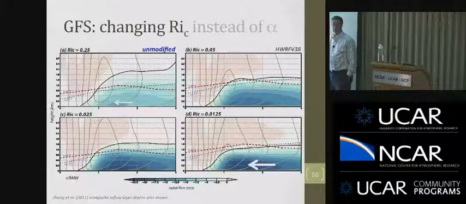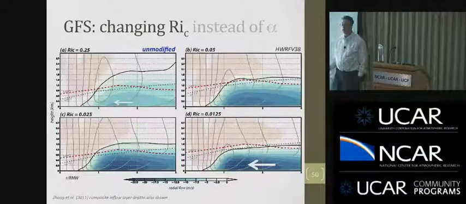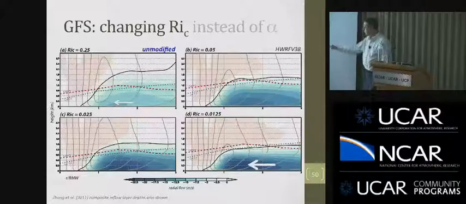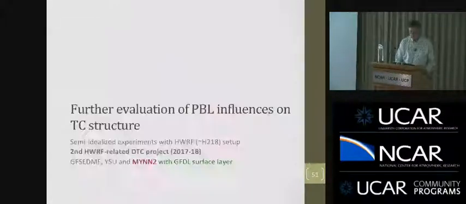When the critical Richardson number with the GFS scheme is set as it is typically in the code, this results in a storm that is relatively weak, and its inflow is weak and relatively deep. But reducing the critical Richardson number closer to what YSU uses results in an inflow layer that is stronger and much shallower. Okay, so there's a big influence there.